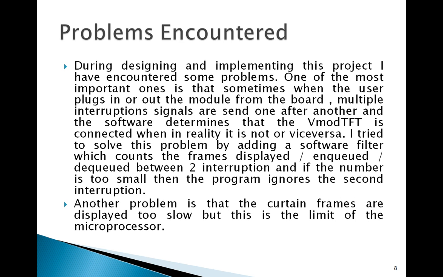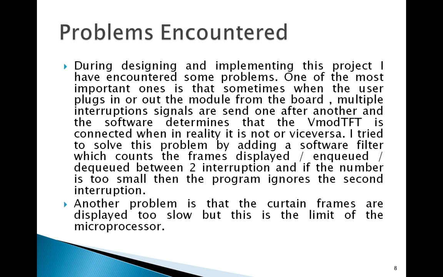Problems that I have encountered during designing and implementing this project. One of the most important ones is that sometimes when the user plugs in or out the module from the board, multiple interruption signals are sent one after another, and the software determines that the VmodTFT is connected when in reality it is not, or vice versa.